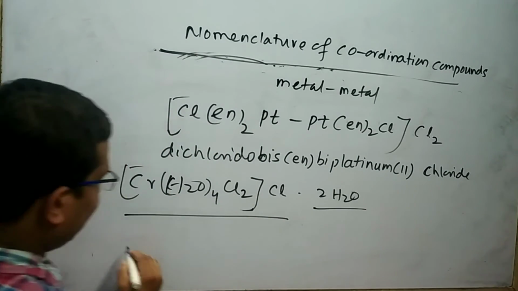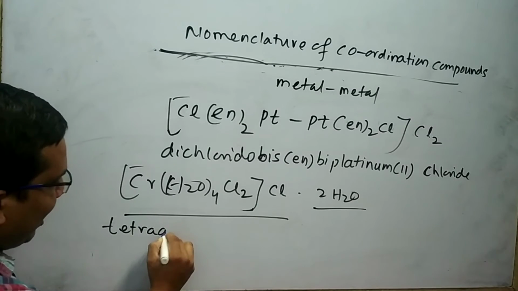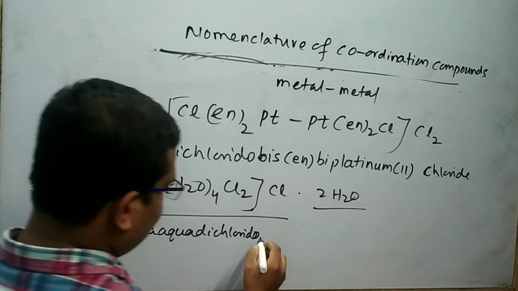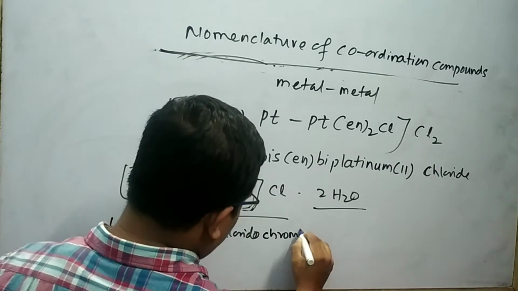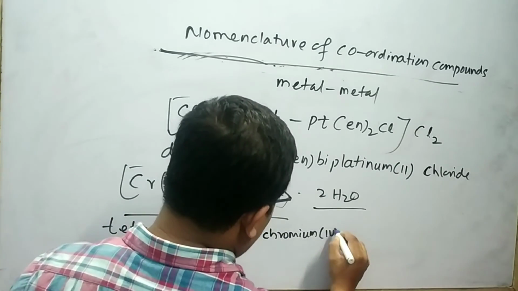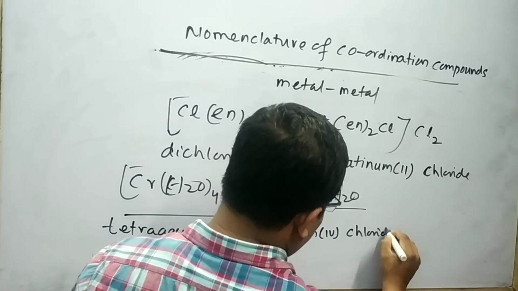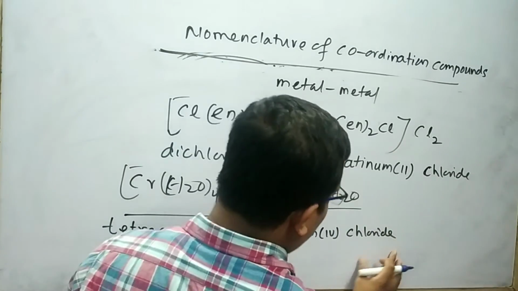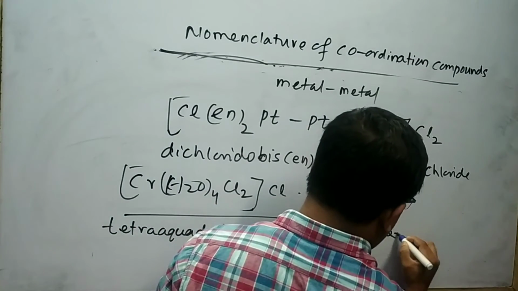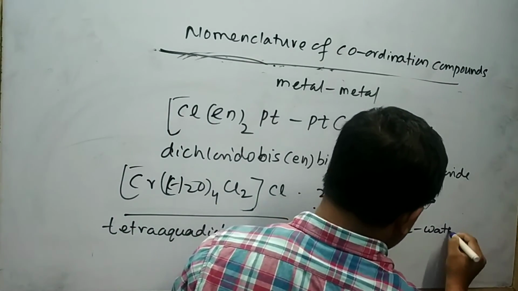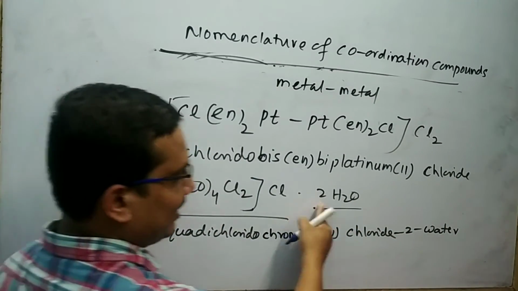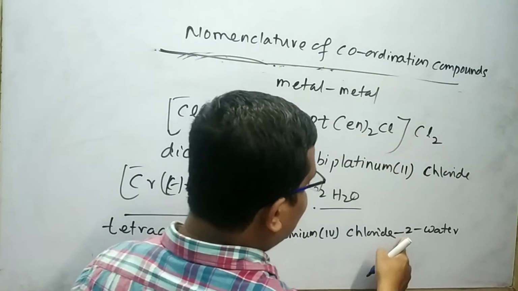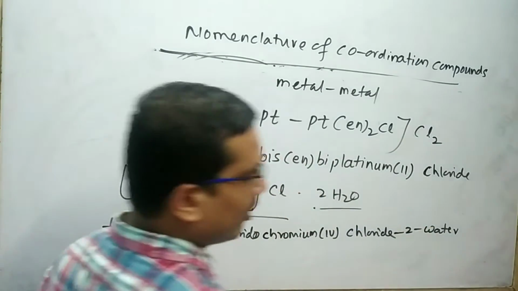The name of this part is tetraaqua dichlorido chromium IV chloride. For this water molecule, I can write 2-water. If 3 water molecules are present, then I can write 3-water. If 4 water molecules are present, then I can write 4-water.